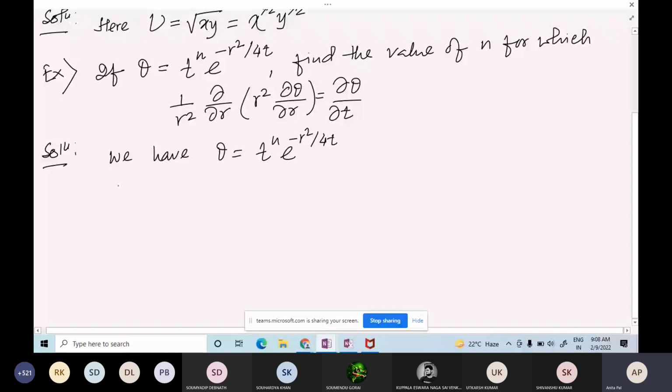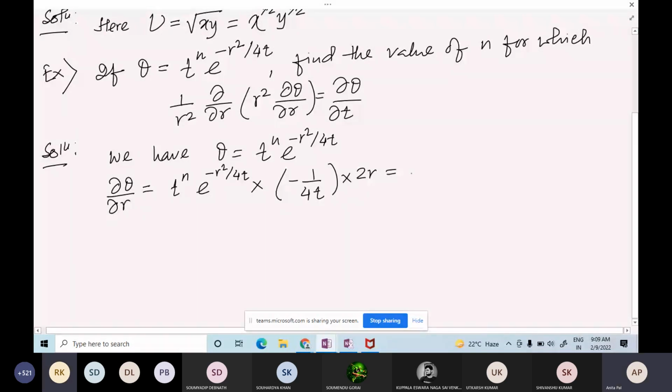So del theta by del r will be t to the power n e to the power minus r square by 4t, and this part we have to differentiate, so it will be minus 1 by 4t into 2r. Now what is this term t to the n e to the power minus r square by 4t? Instead of this, we can write theta.